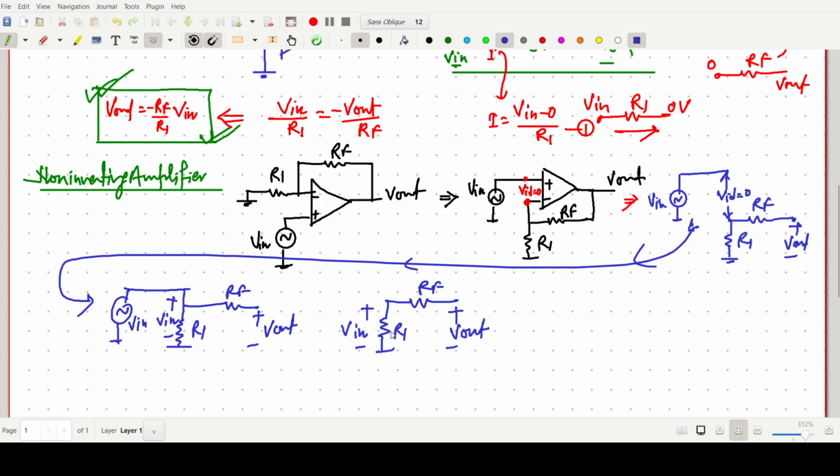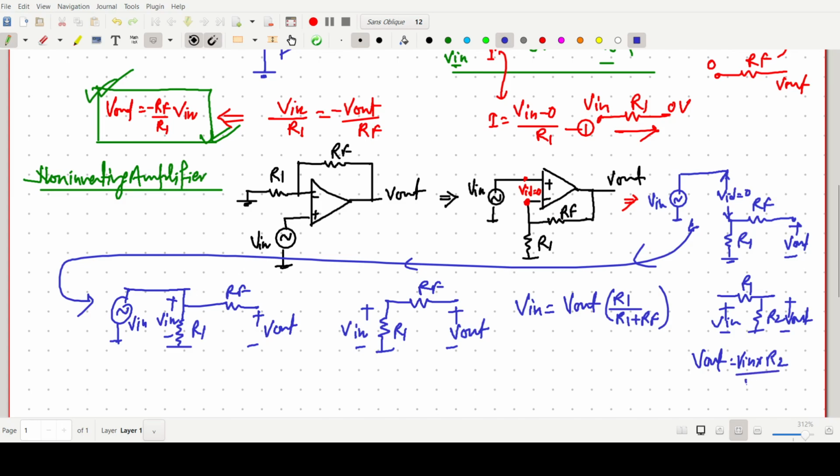Now we have to apply the voltage division rule. So this V in voltage can be just V output times this resistance by R1 plus RF. Voltage division rule, once again I am saying: if R1 and R2 are there, with V in and V output, then V output equals V in into R2 by R1 plus R2.